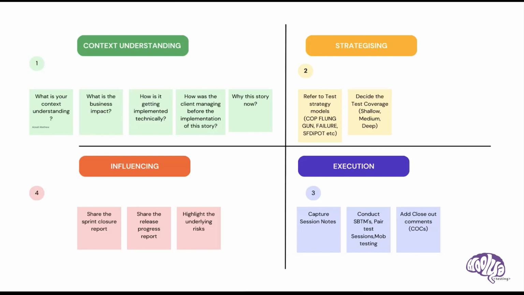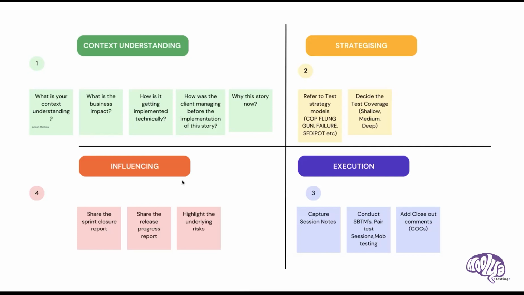How were they managing? Then why are we picking this story or this particular epic right now? Is there any demand from the customer? Is there any blocking issue because of which our application is not being used? So these are the five questions that we start with to understand the context.